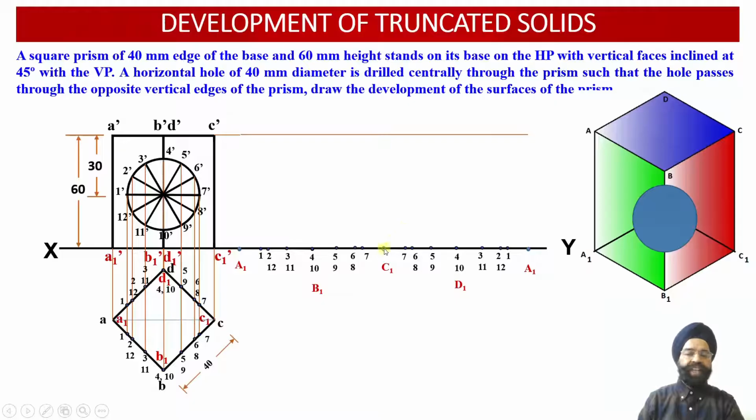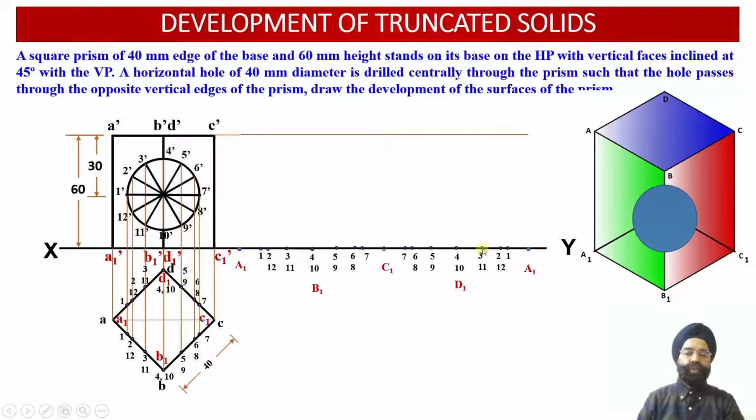Accordingly, we can check the same distances we have marked over here: C to 7, the same distance, C to 6 and 8, C to 5 and 9, and then 4 and 10 have coincided with point D over here. Now as we move from point D to point A, the points which are encountered are 3 and 11 at this distance, 2 and 12 at this distance, and point 1 at this distance over here from point D.